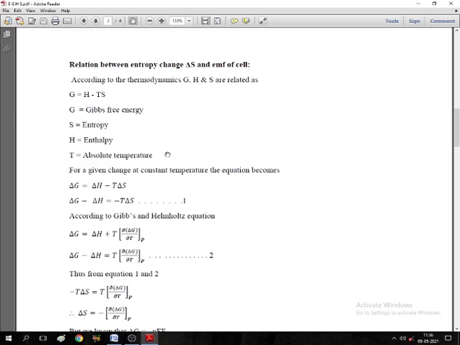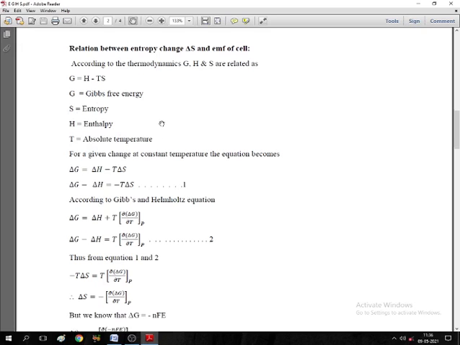All these are thermodynamic terms. Now for a given change at constant temperature, the equation becomes delta G is equal to delta H minus T delta S.